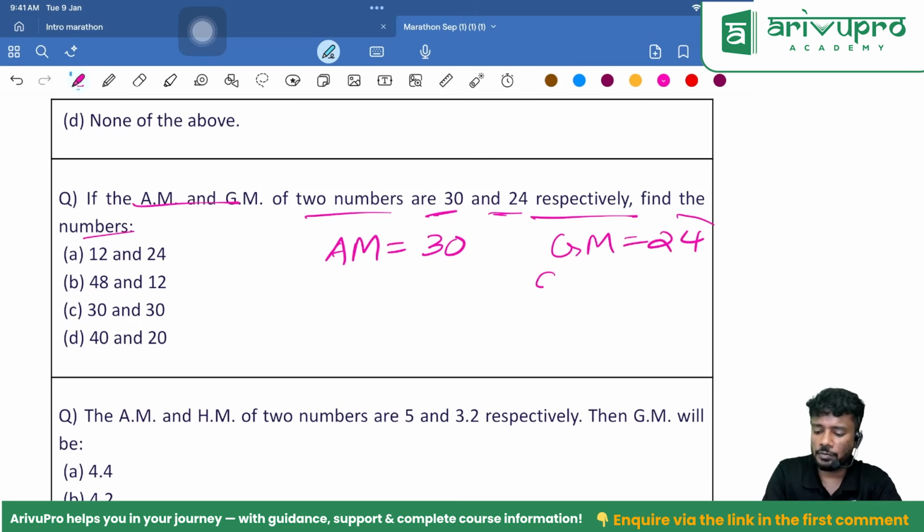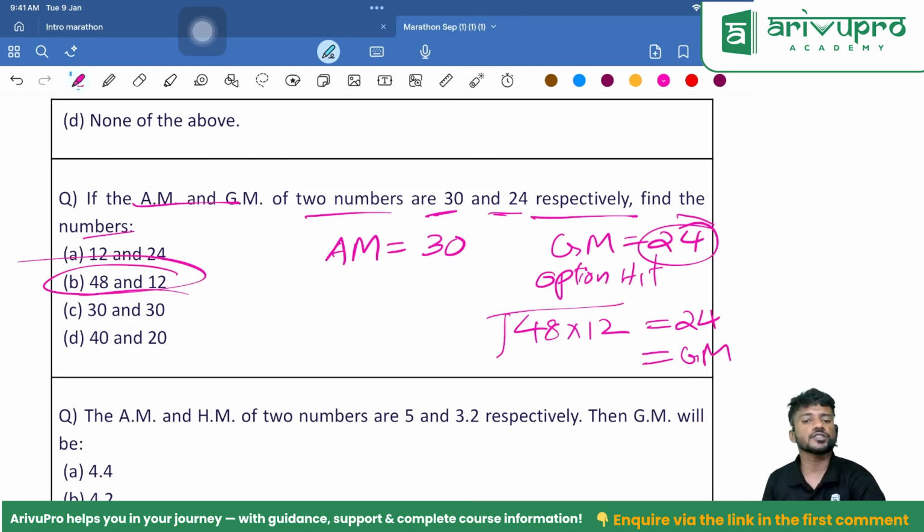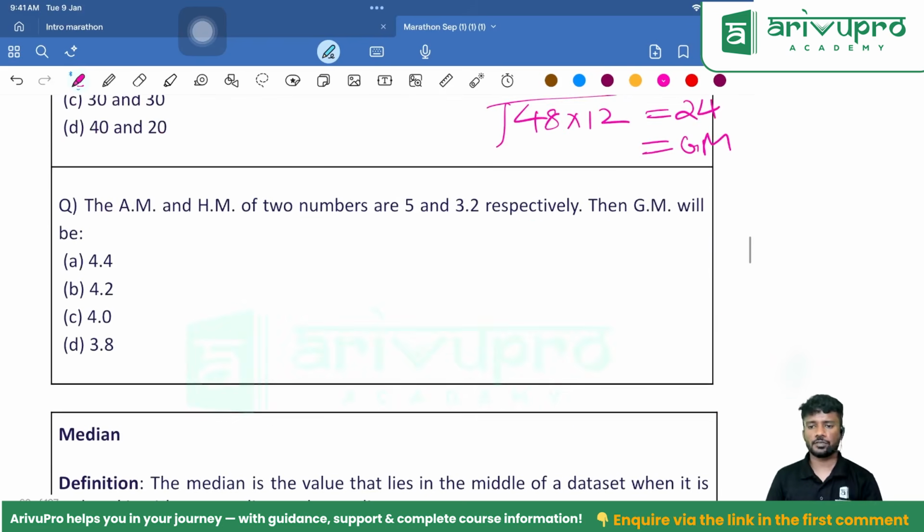Now, option hit, people. Option hit with 48 and 12. So root of 48 into 12 is how much? Which is equal to 24, which is equal to our GM. So which means option B is your answer. Got it? Next one. Final question before the break.